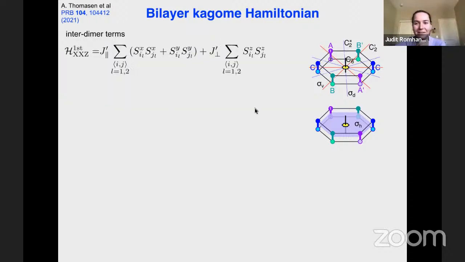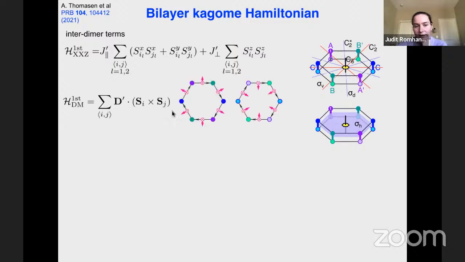So these are the only interactions that we can have for the dimers, because the dimer is an inversion center. It cannot have Dzyaloshinskii-Moriya, but we can have DM interaction on the bonds that are connecting the dimers. I call them first neighbor because they're first neighbor between the dimers. This first neighbor can also have XXZ anisotropy and Dzyaloshinskii-Moriya, and the D vector now has in-plane and out-of-plane components.